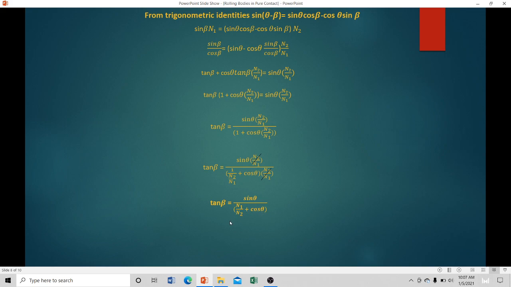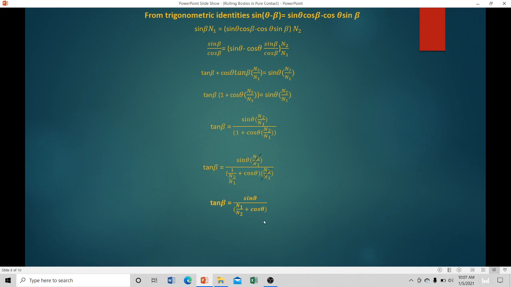So if we use the angle alpha, we can reverse the rotational speed. So we have this equation: tan alpha is equal to sine theta over n2 over n1 plus cosine theta.